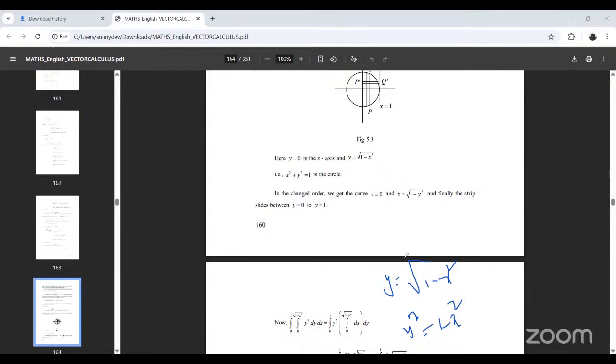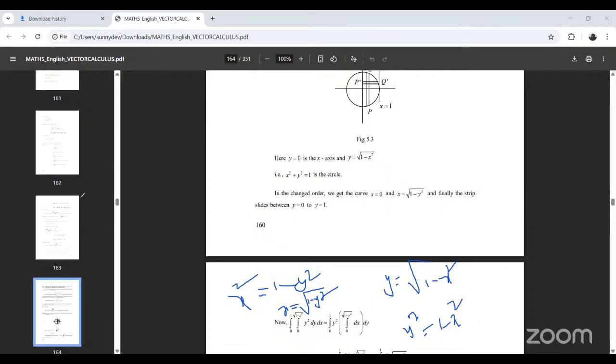So from here, x square equal to 1 minus y square. Then x equal to under root of 1 minus y square. So this we are getting.